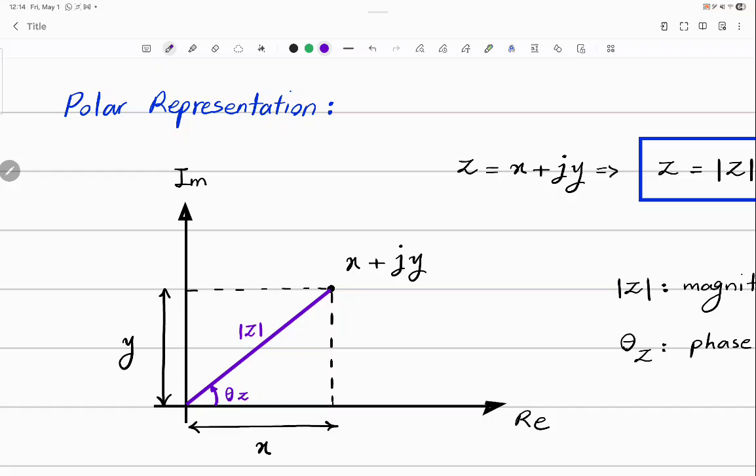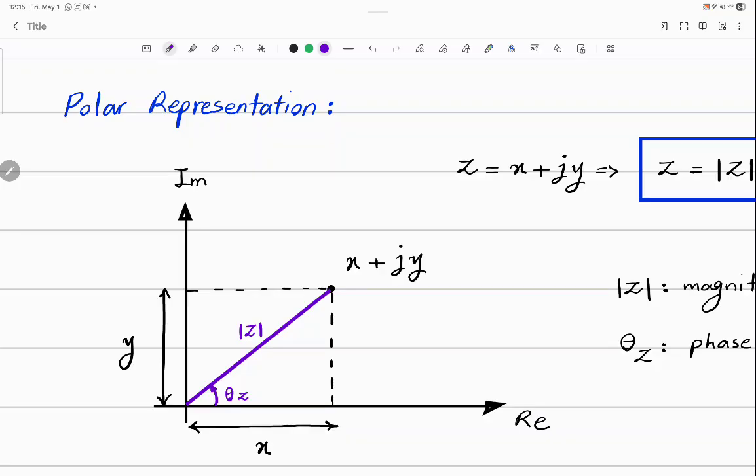How about if I want to go from rectangular to polar? I have x and y. How can I change it to the magnitude of z and theta z? Yeah. So the square root of x squared plus y squared will give you the magnitude of z, and theta is the arctangent or inverse tangent of y over x.